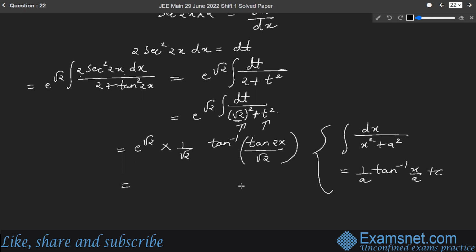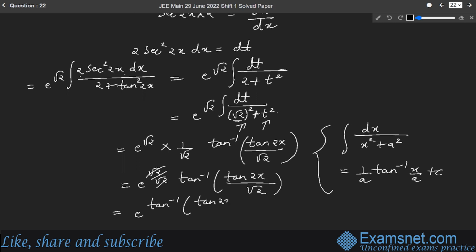So this will be e power root 2 upon root 2 into tan inverse of tan 2x divided by root 2. This root 2 and root 2 will be cancelled. So it will be equal to e power tan inverse tan 2x upon root 2.